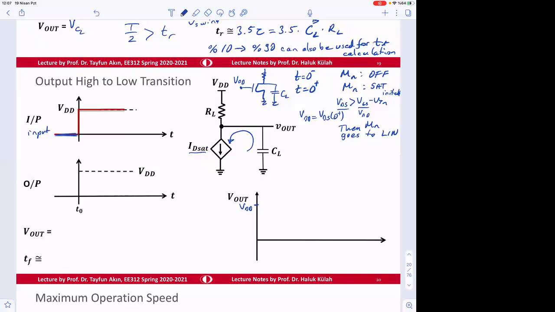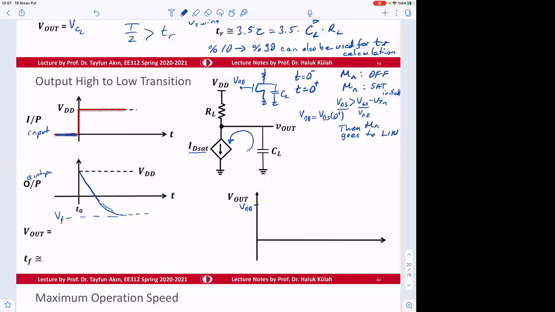From here, we output. It will start from here. It will be discharging. So the target, the final is going to be like this, but it will not be really reaching that final value because the current will be decreasing and decreasing.